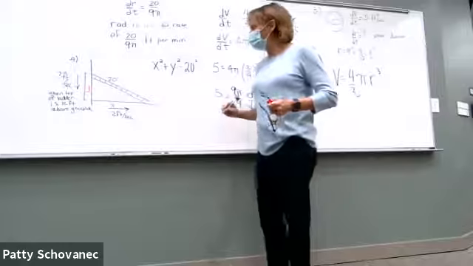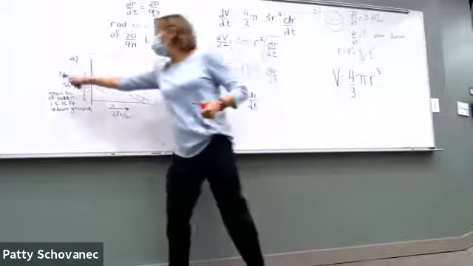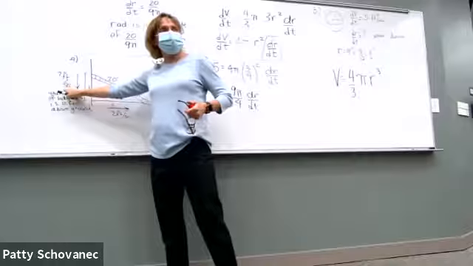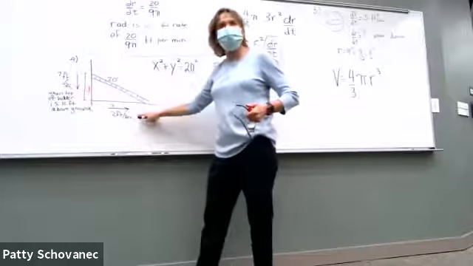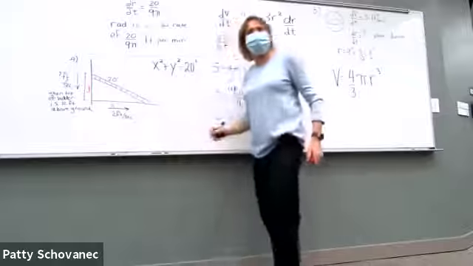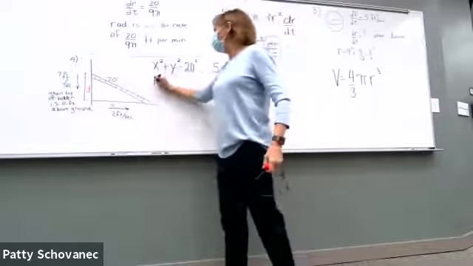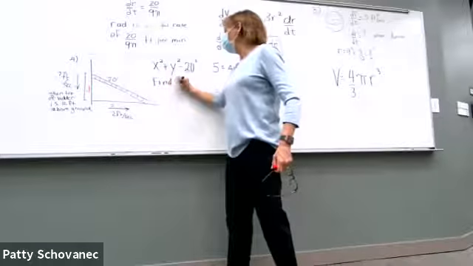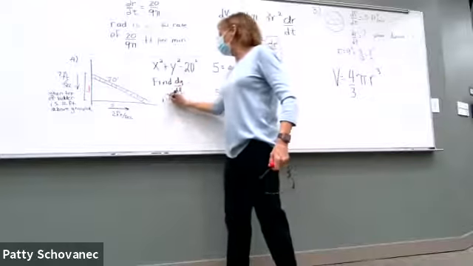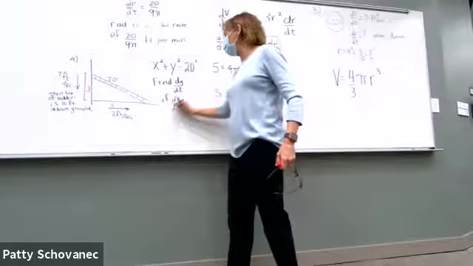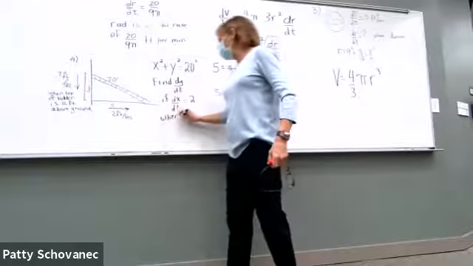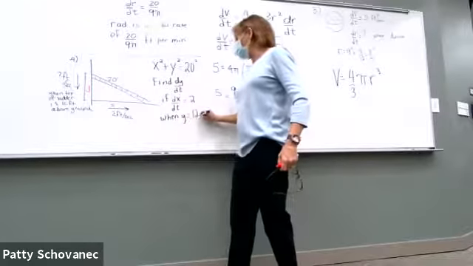Then we are looking to find dy/dt, if dx/dt is 2, and the instant in consideration is when y is 12. So now that's our problem. Find dy/dt if dx/dt is 2 when y is 12.